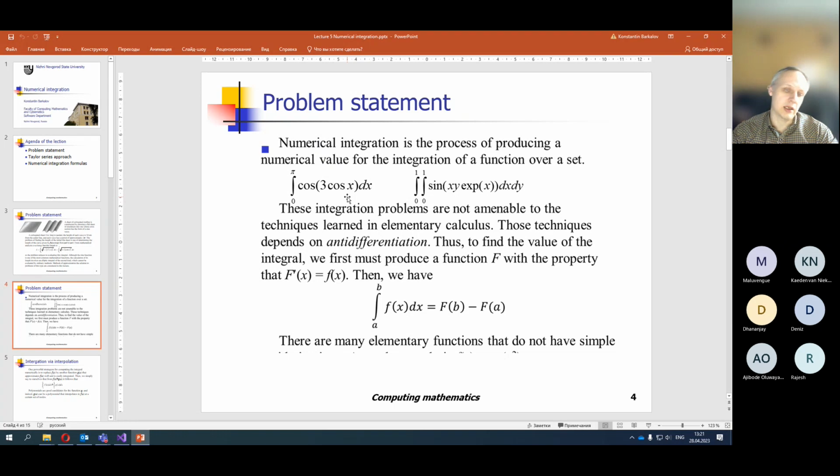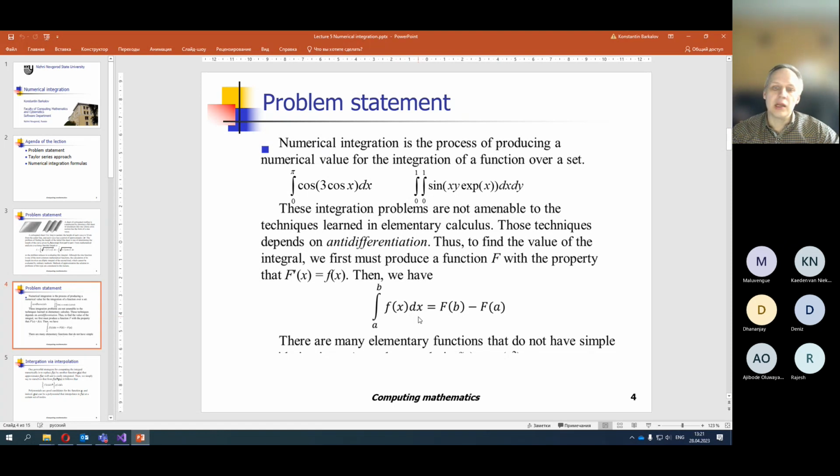But this exact answer depends on so-called anti-differentiation. We should find the antiderivative of the function f of x. We should find such a function F capital, such that F prime of x equals f of x. Then we can apply this very simple formula.